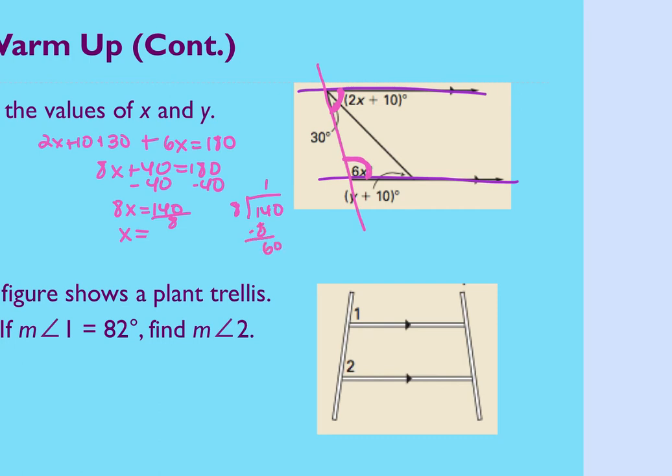And then into 60, 8 goes into 60 seven times, and that's 56. And then you can either convert that to 4/8, or you can add the point and add the 0. And there's the 5.